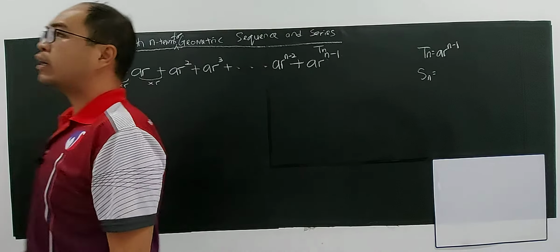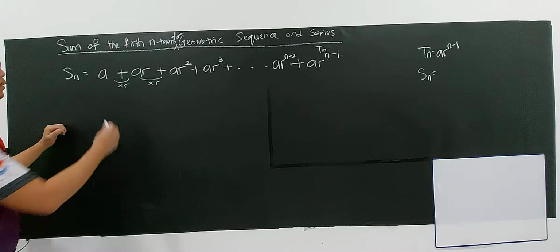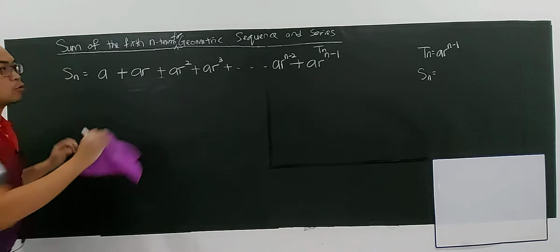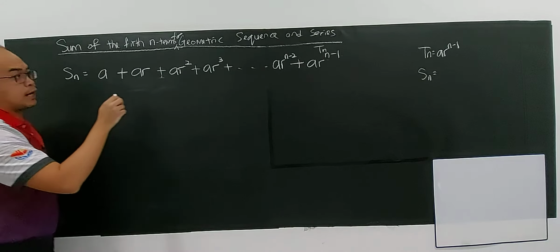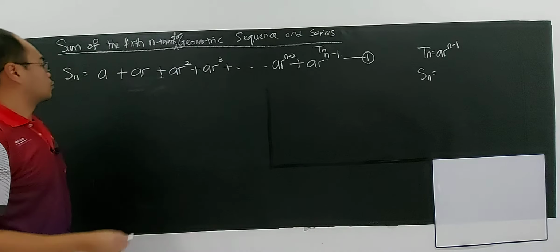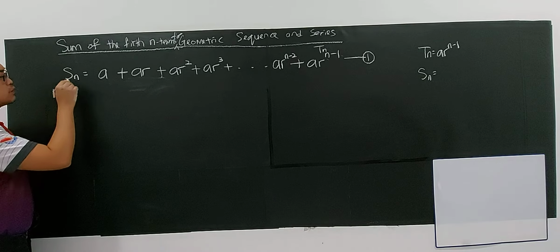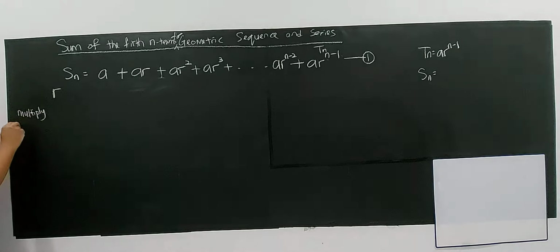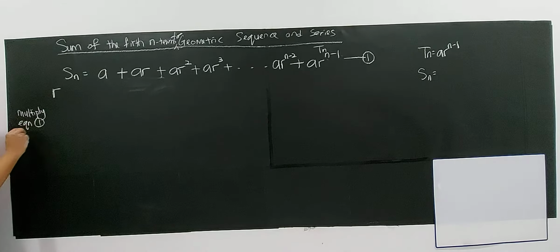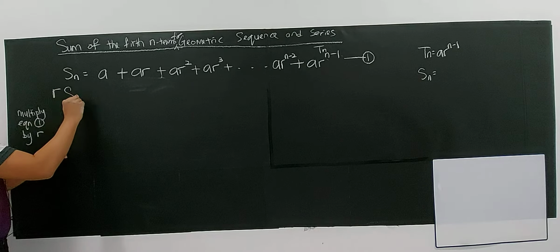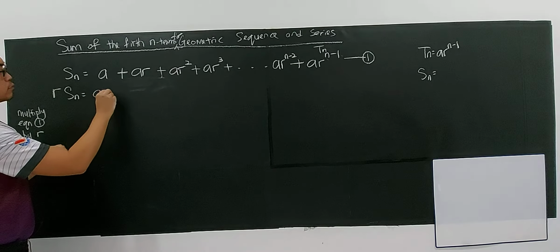So, now, if I want to get the formula for Sn, I need the help of another equation. I make this equation 1, right? So the formula is you just multiply equation 1 by R. You have AR.